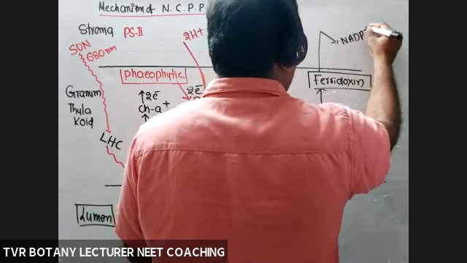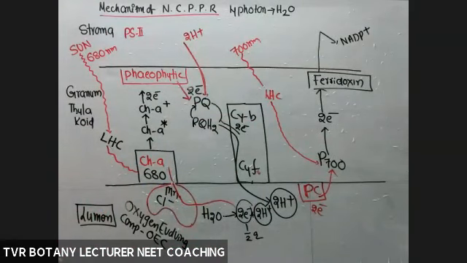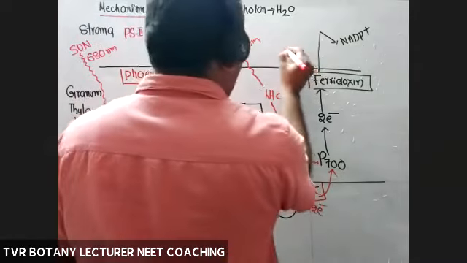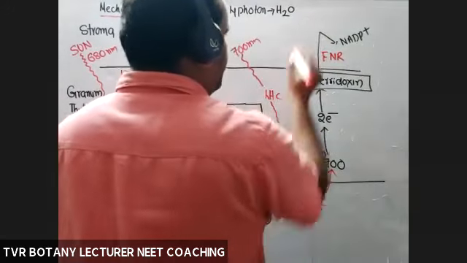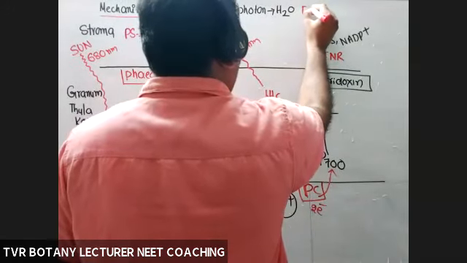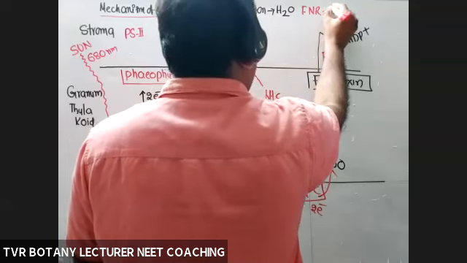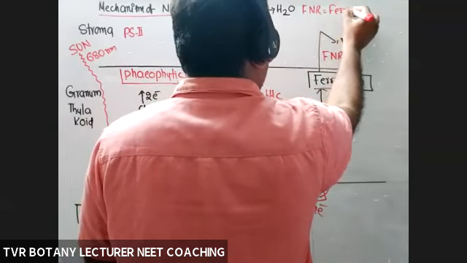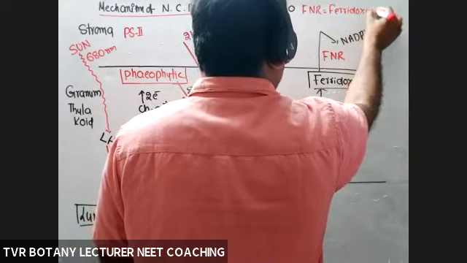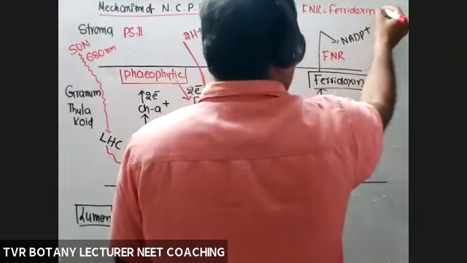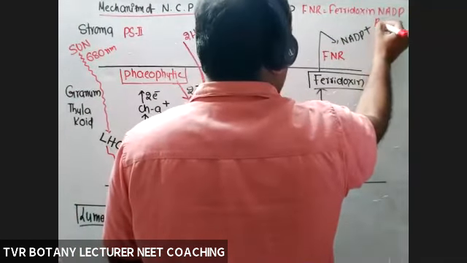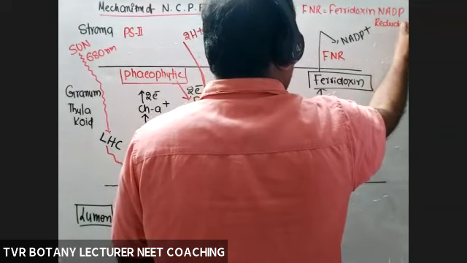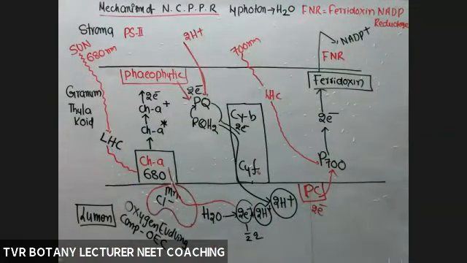The next electron acceptor is NADP plus, that is a coenzyme. NADP plus is present in the stroma. Here the enzyme required is FNR. What is FNR? F is ferredoxin, NADP, R, reductase: ferredoxin NADP reductase, hence the name FNR.